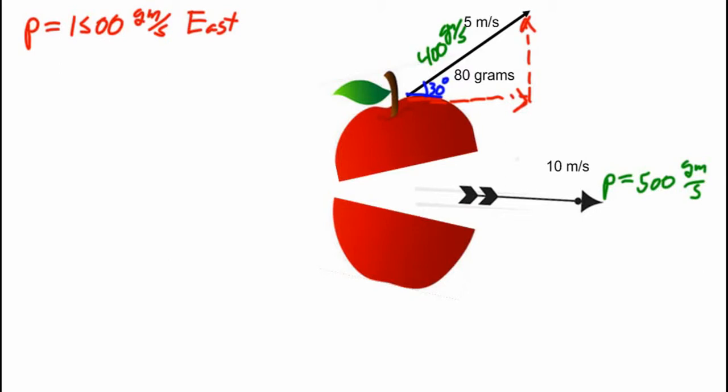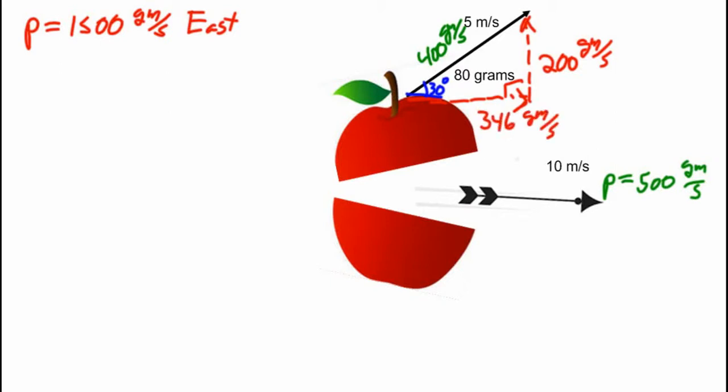And we have 30 degrees. We know this is a right triangle. So this is a simple sine and cosine of 30 degrees times the 400. So on the vertical, we'll get 200 gram meters per second. And on the horizontal, 346 gram meters per second.